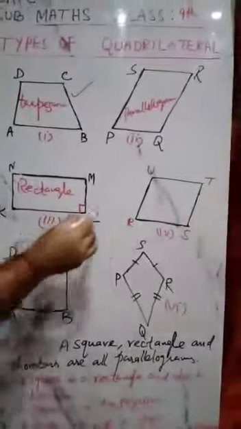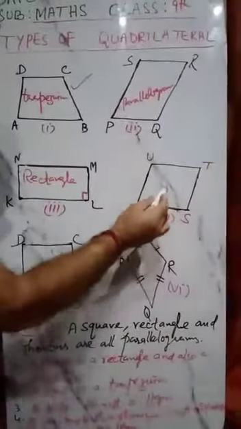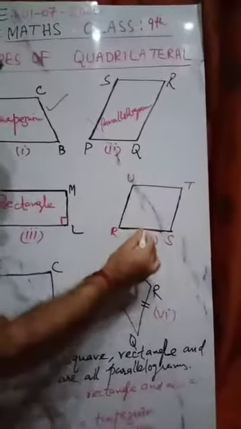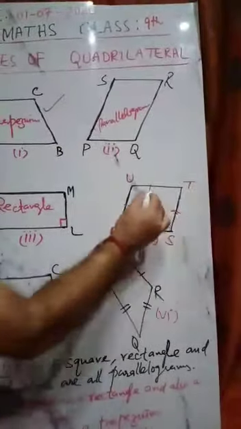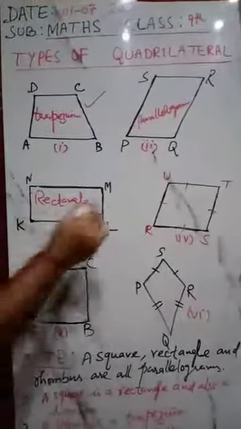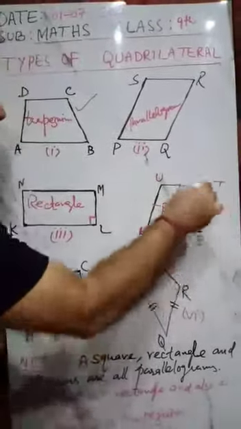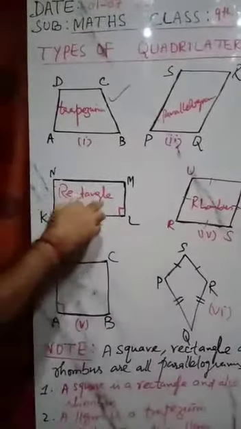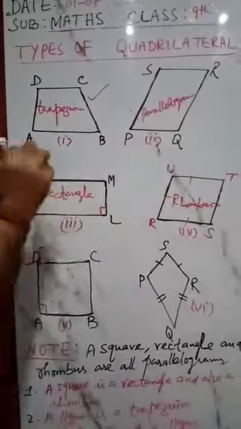Next, the fourth figure is also a parallelogram, but a special type of parallelogram: all sides are equal. So this parallelogram is a rhombus. So we write that this is a rhombus. Why? Because all sides are equal. And the third is a rectangle because a parallelogram having one angle 90 degrees means all angles will be 90 degrees. So this is a rectangle.